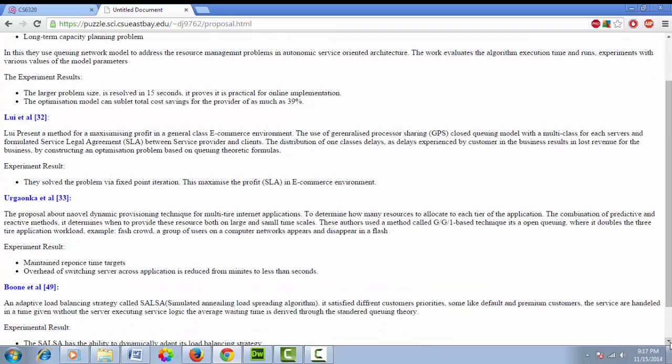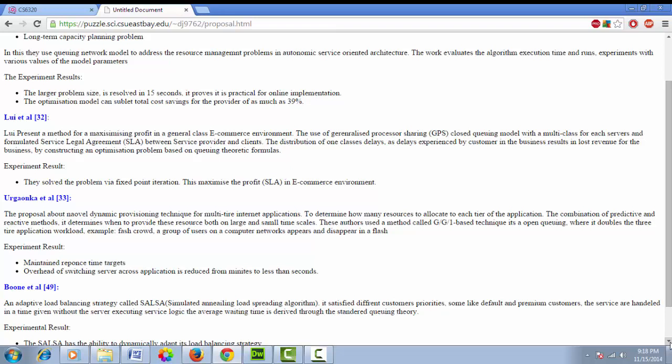Urgaonkar proposes a novel dynamic provisioning technique for multi-tier internet applications. It determines the resources to allocate at each tier of the application, using a combination of predictive and reactive methods. He applied an open queuing technique based upon the G/G/1 model.